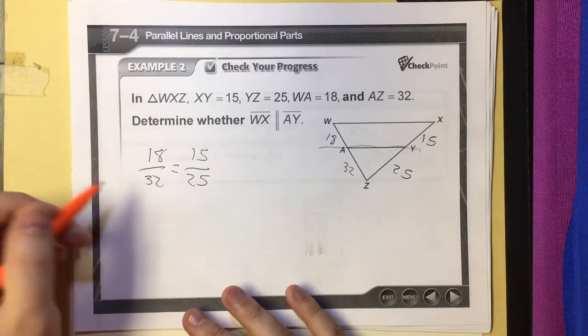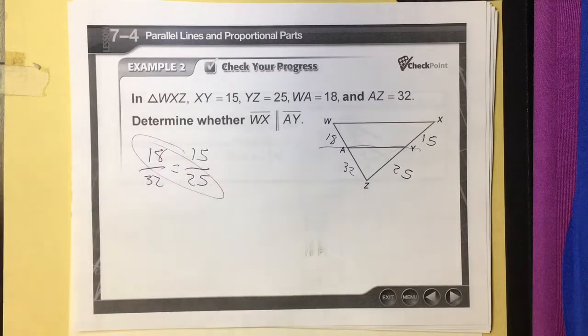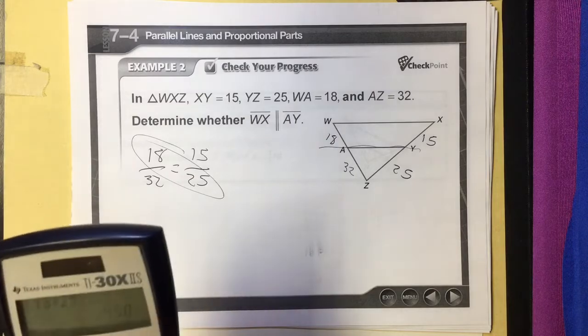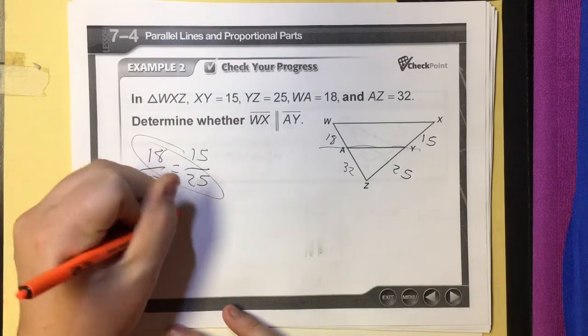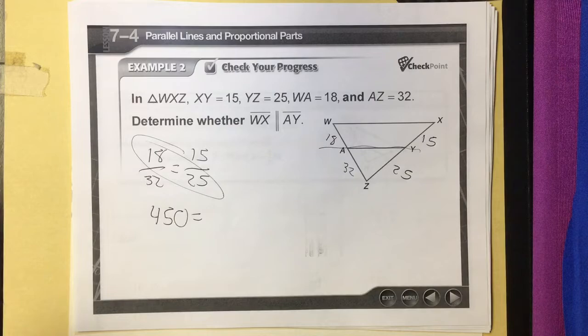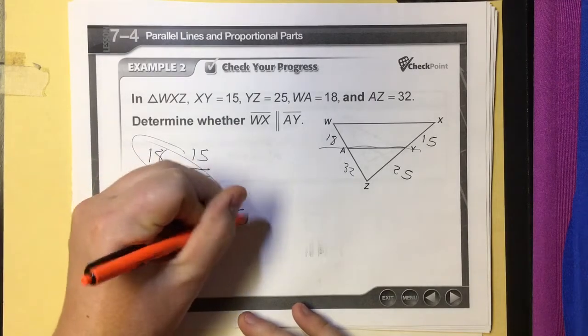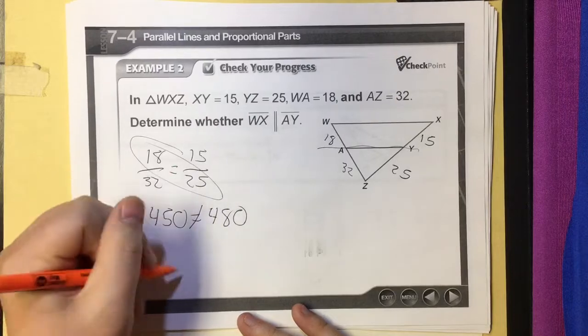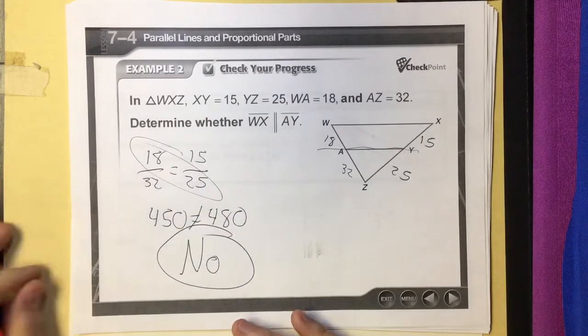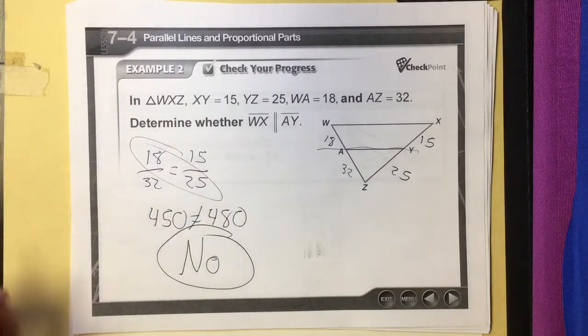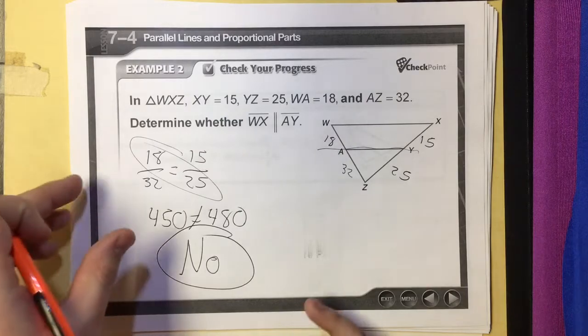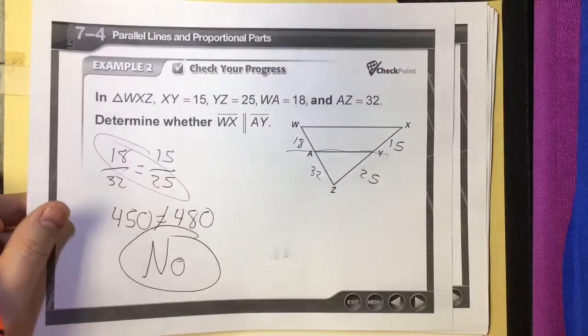I did the last one by simplifying, so let's cross multiply for this one. 18 times 25 gives me 450, and 32 times 15 gives me 480. Since those aren't equal, our answer is no. Again, you could reduce those fractions down as far as you can, and they would not be the same number. So again, you would say no.